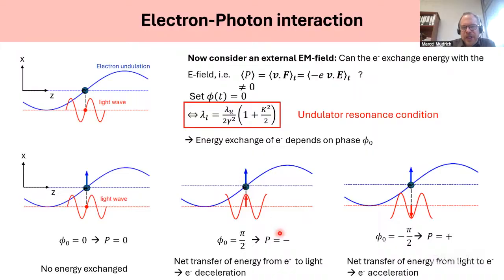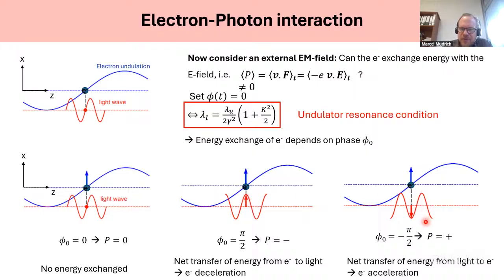And then we get negative absorbed power, because the electron has this minus sign. So there now is a net transfer of energy from the electrons to the light, meaning that the electrons get decelerated. When the electrons get decelerated, where does the electron energy go? Well, it goes into amplification of the light field.